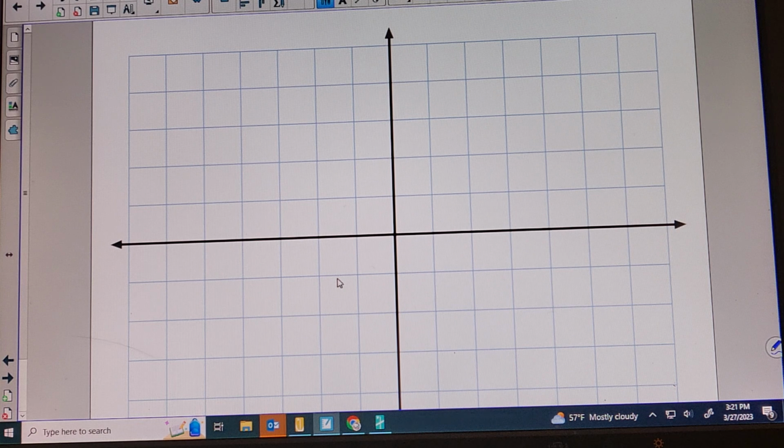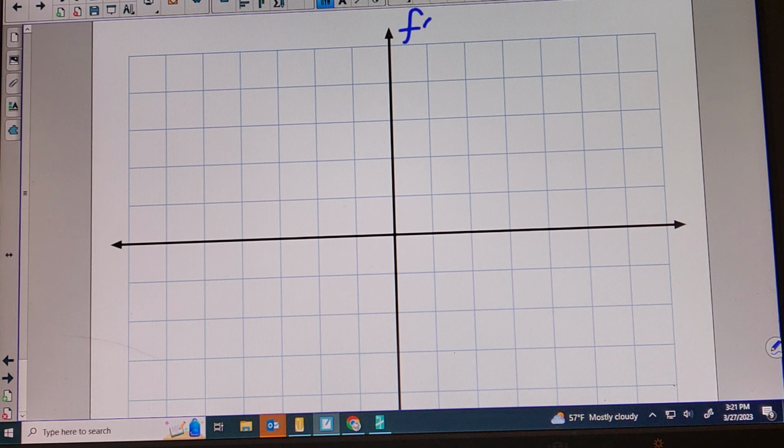Hello, I am going to attempt to explain absolute value functions and square root functions, how they relate to each other, and how they relate to the standard form of their equations. First, standard form of the absolute value equation.